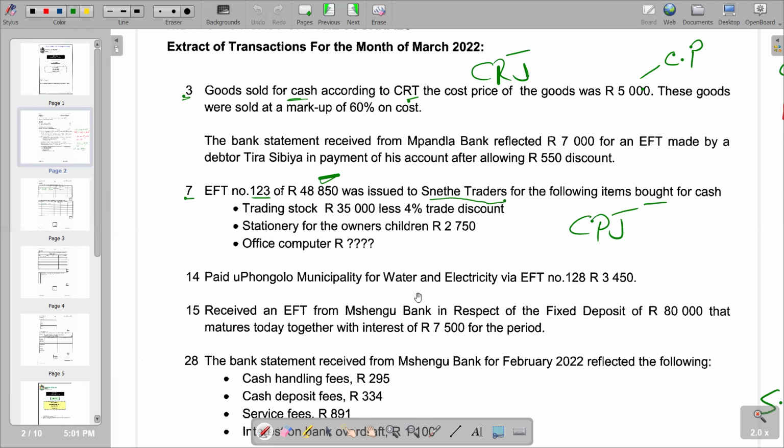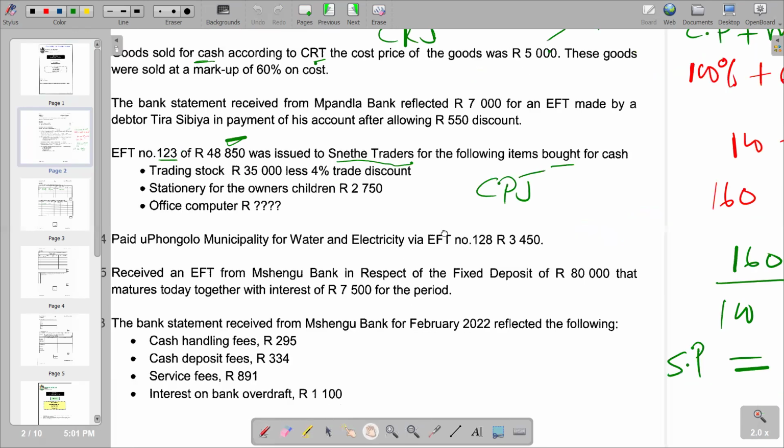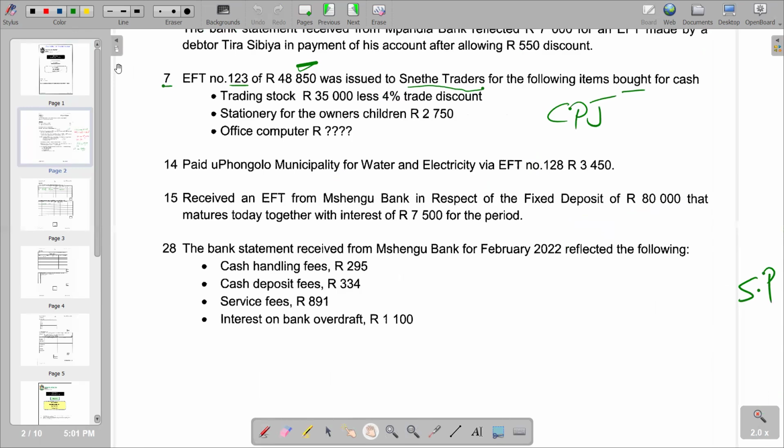So basically, let's calculate it here. Before discount, it's 35,000, and after subtracting a 4% trade discount is the value that we need. So we can say 100%, that is before discount, minus 4%, you're going to get your 96%.